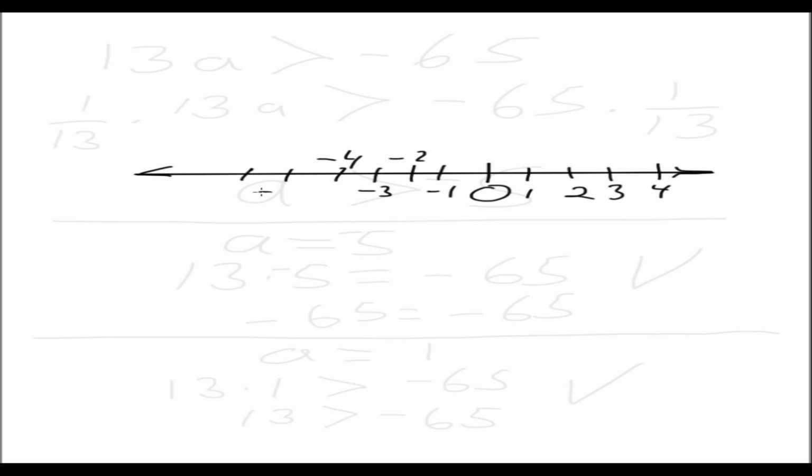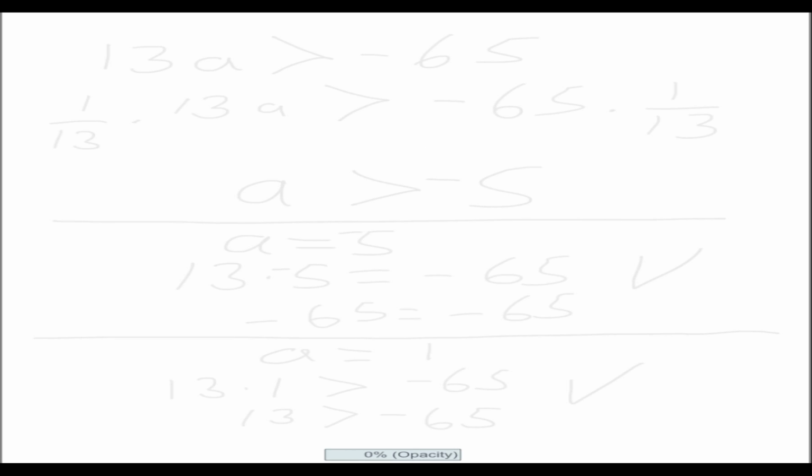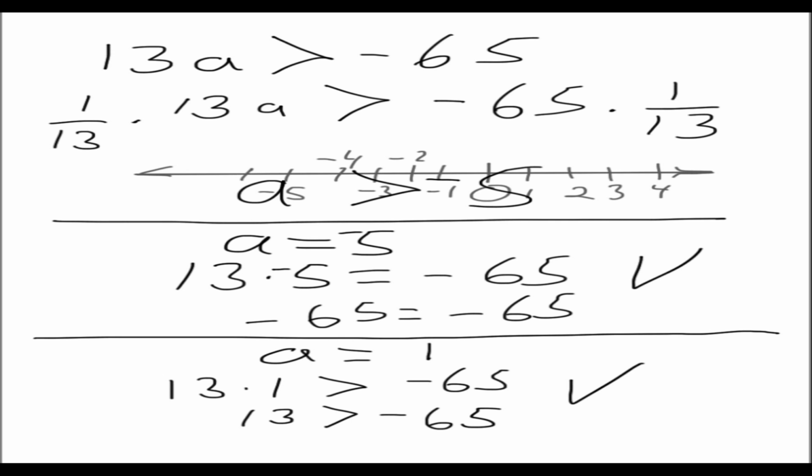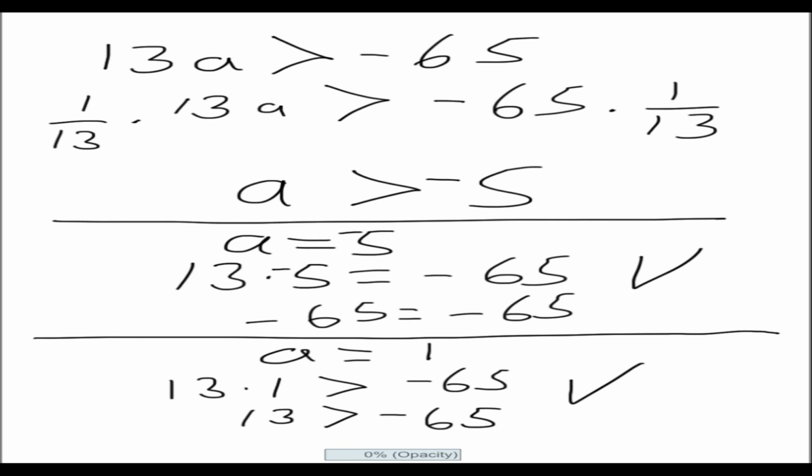So -5. Now -5 is our boundary point, but is -5 included in the solution set? And so if I look at that, I see that a is greater than -5, but not equal to it.